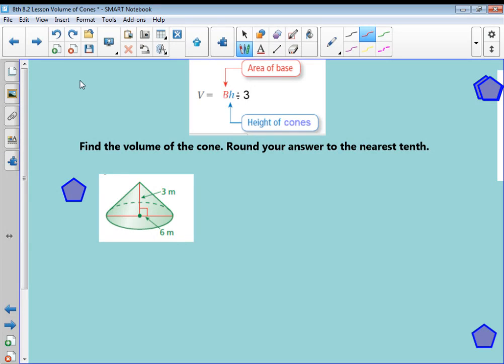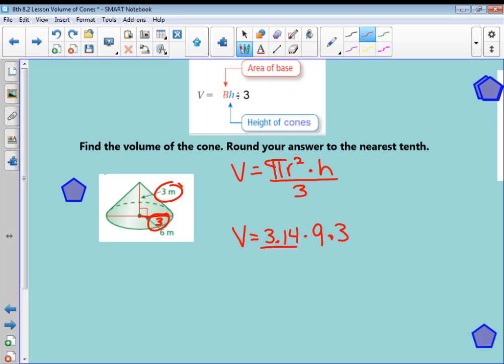Okay, so our volume equals area of our base, so pi r squared times our height, and then we're going to divide by 3 because it's a cone, or take it times a third. So my radius here is going to be 3. So we have our volume equals pi, which is 3.14, times 3 squared, which is the same as 9, times our height of 3.